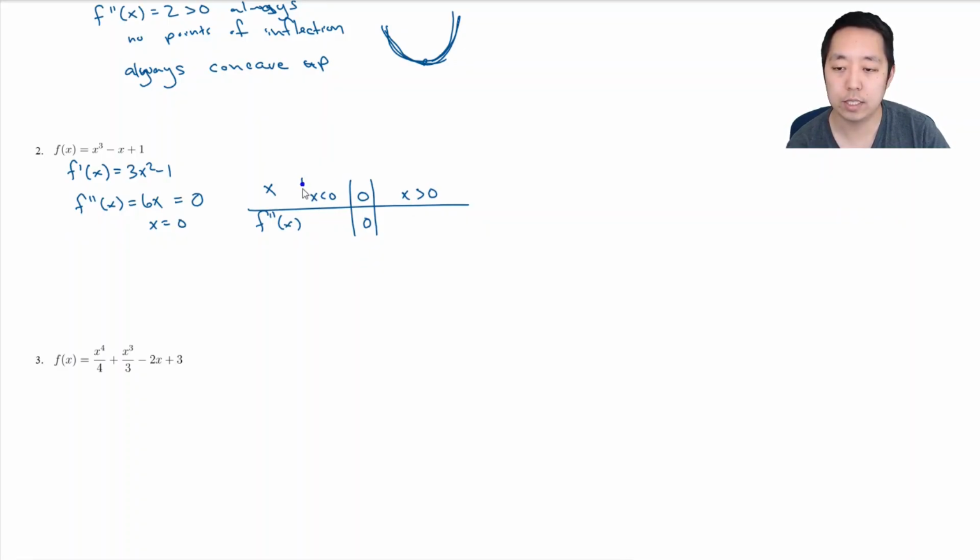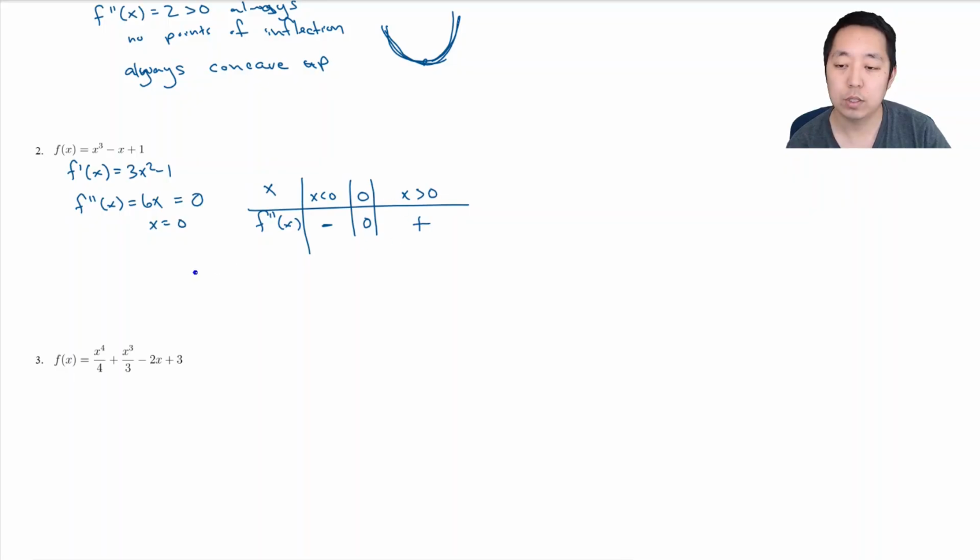So when x is less than 0, what is the second derivative doing? Well, when x is less than 0, this value is going to be negative, right? Because if I do -1, for example, it's going to be -6. And when x is positive, this whole term is positive.